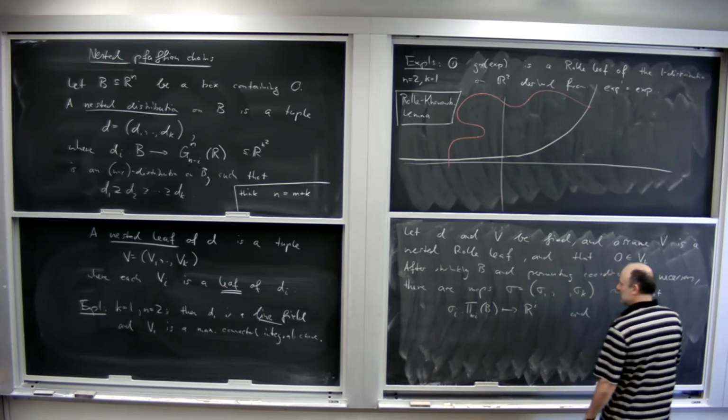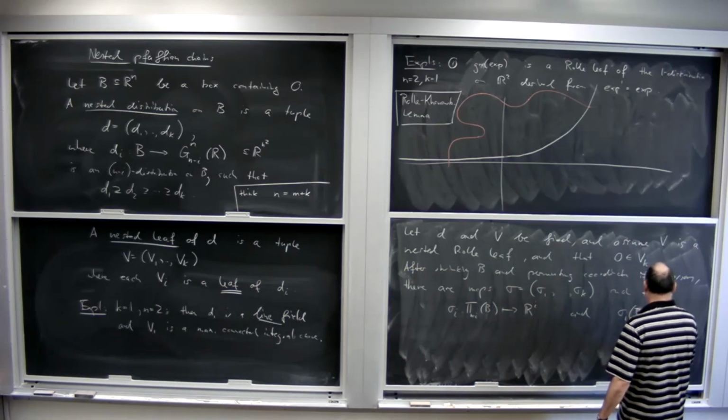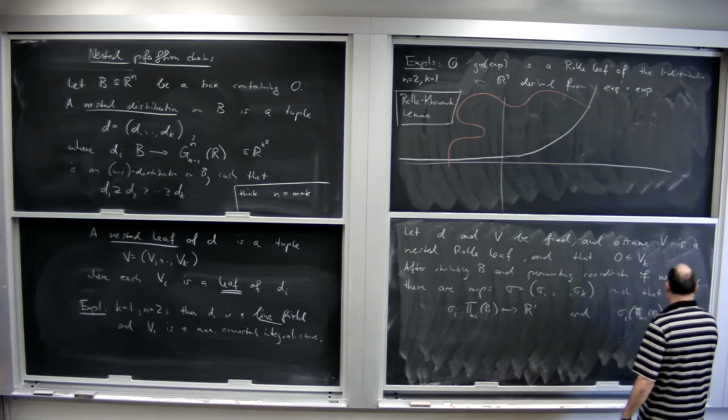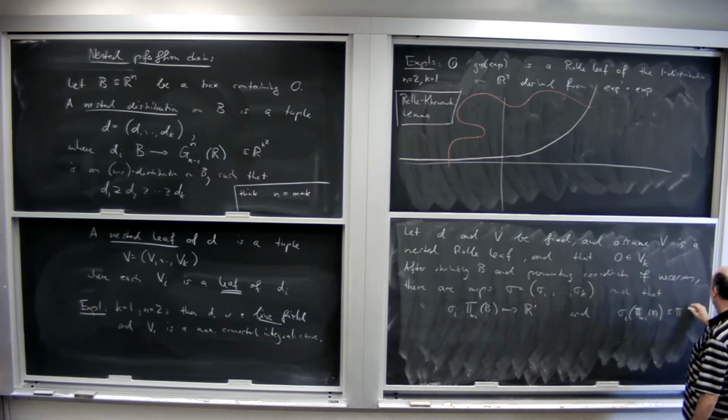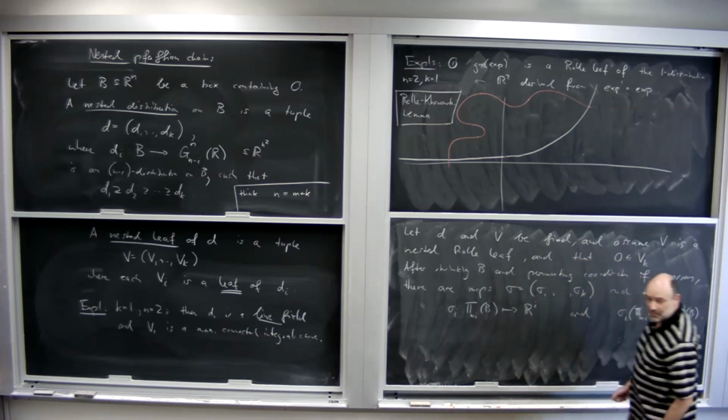And yeah, we want to say that the image sigma I of B, of the projection, is contained in the projection on the remaining I coordinates of B. Okay, so this is the projection on the last I coordinates. This is the projection on the first n minus I coordinates.